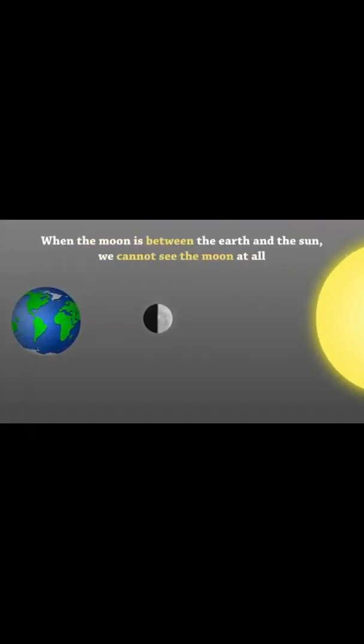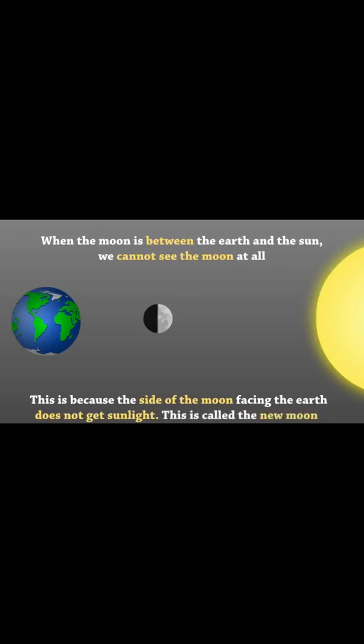When the moon is between the Earth and the sun, we cannot see the moon at all. This is because the side of the moon facing the Earth does not get sunlight. This is called the new moon.